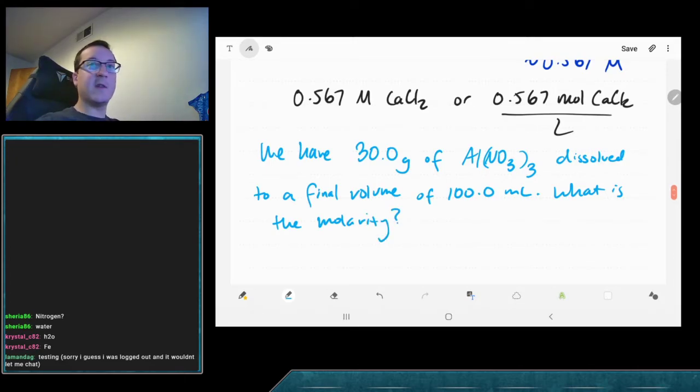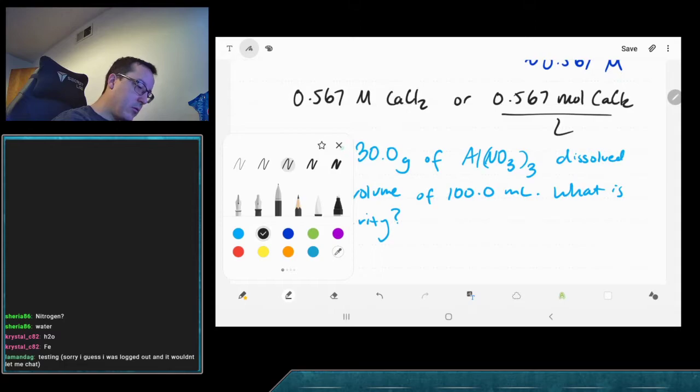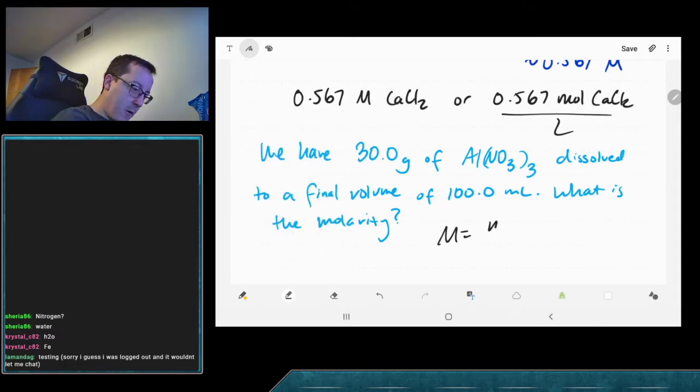We could calculate the molarity of this. Remember that molarity is moles over liters. However, in this word problem, we have neither moles nor liters, right? So we do have something that we can convert to liters, and we do have something that we can convert to moles.